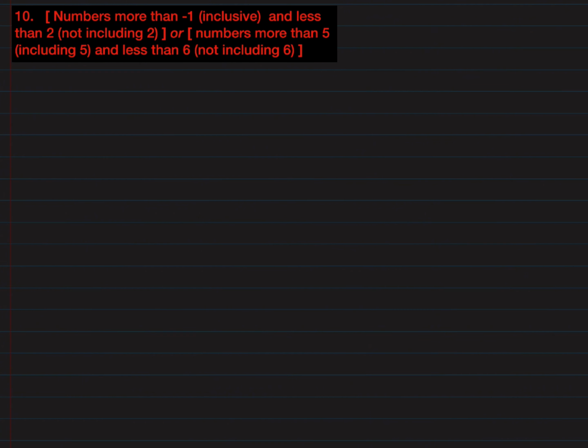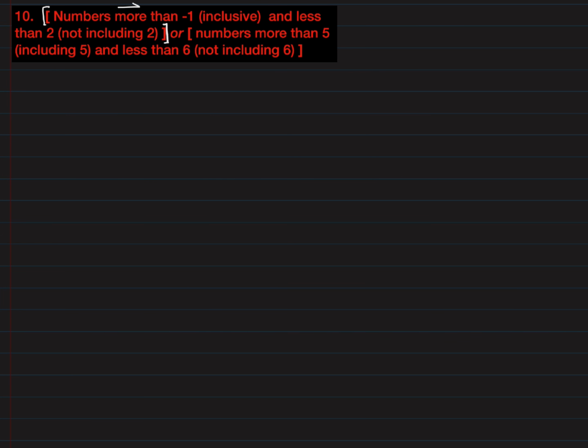For question 10, now this one is a bit of a longer question and we have to break it down into different parts. So the first part is this part over here. So let's solve it bit by bit. So it says over here, numbers more than -1.